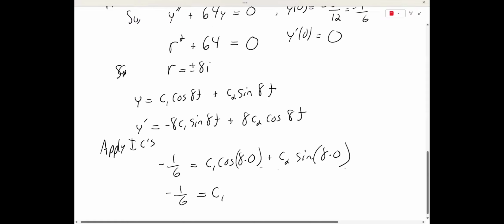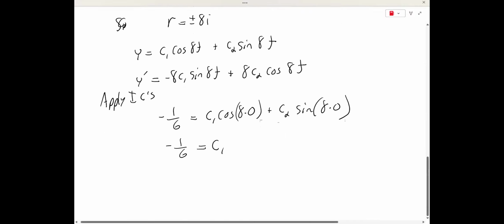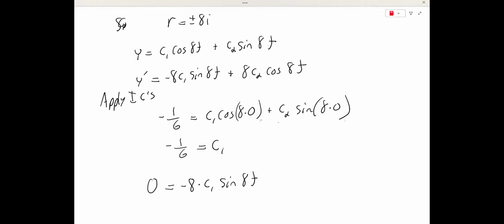Okay, and then C2, from the other condition, I get 0 equals negative 8 times C1 times sine of 8 times 0 plus 8 times C2 times cosine of 8 times 0.